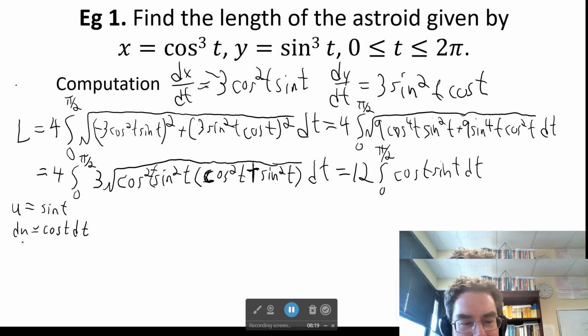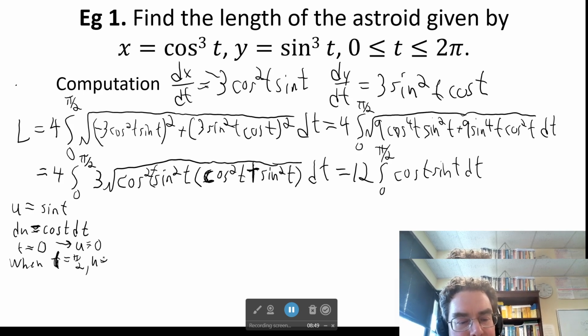And if we want to go ahead and change our limits of integration, that's certainly an option for us here. If we do that, we would say that when t is equal to 0, that correlates to u being 0 as well. And when t equals pi over 2, u equals 1, because sine of pi over 2 is 1.